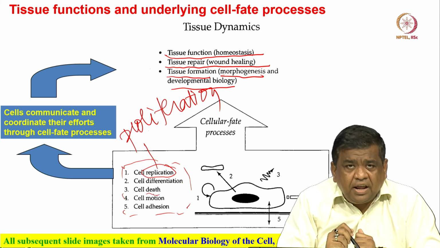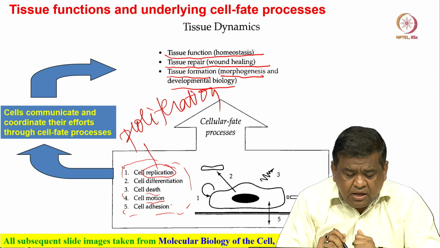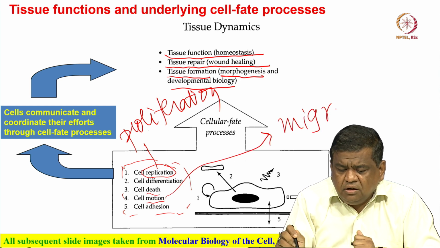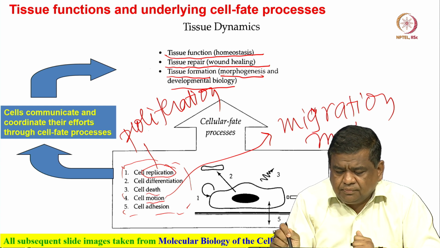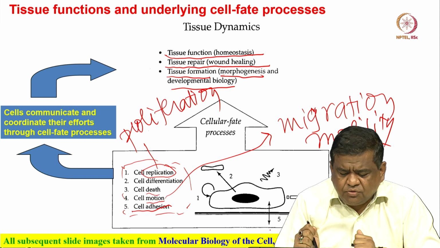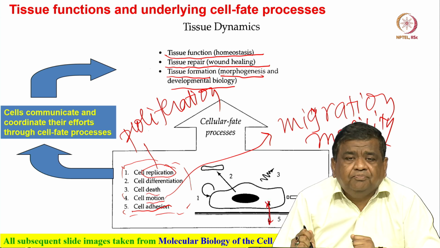A cell can undergo death, like any human being. Cell motion, motility. Cell motion, cell migration, cell motility, all are synonymous. Cell adhesion, like when cells adhere. So, number 5 is adhesion, right.